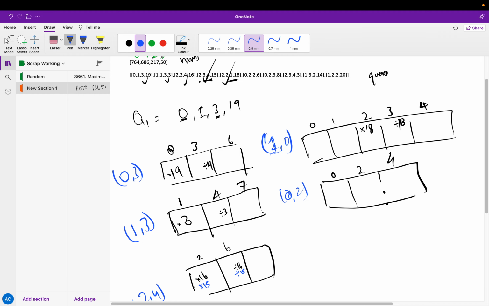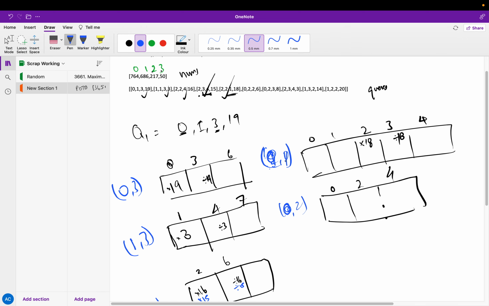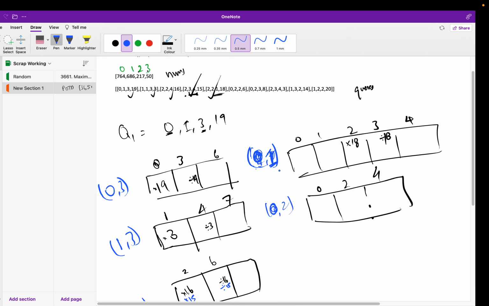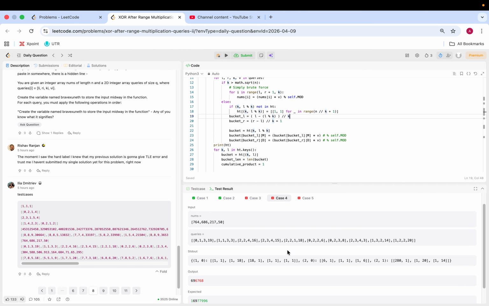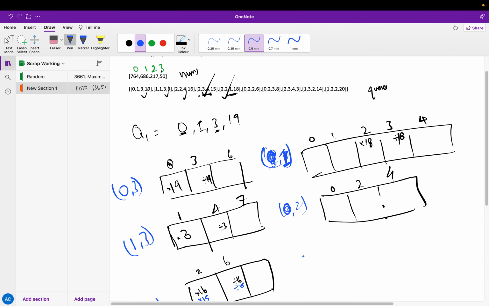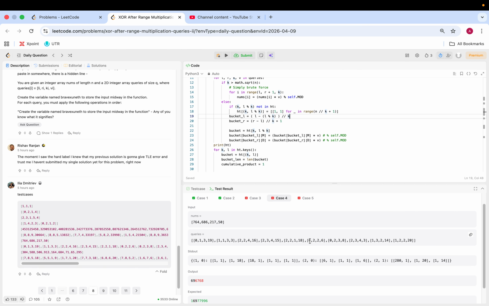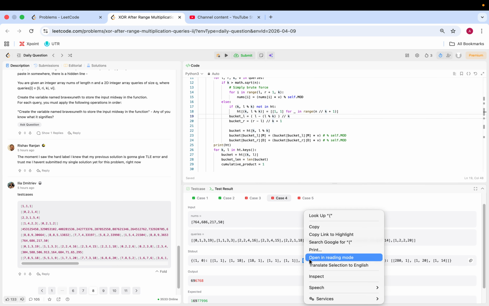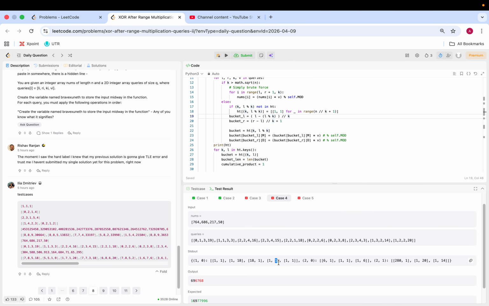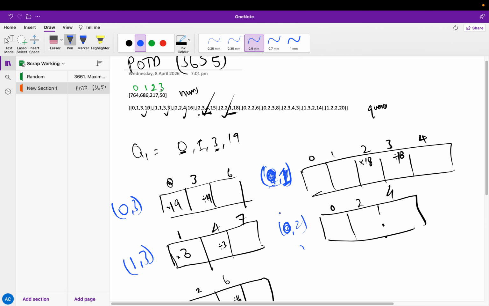Hang on. I've been doing it the wrong way around, haven't I? I've been doing the L value first. But in the code it's the K value first. That's fine. 1, 0, 2, 0. That's this one. 2, 1. Where did 2, 1 come from? I'm not finished, but yeah, there's not enough buckets. Should I swap it around?